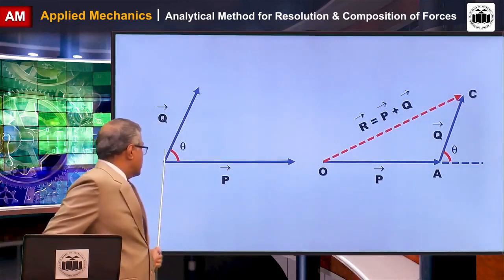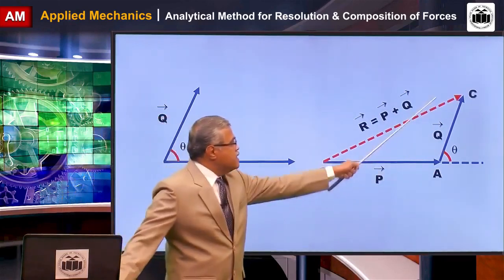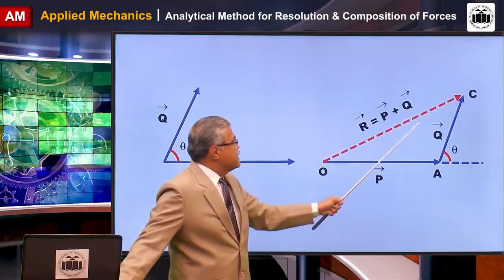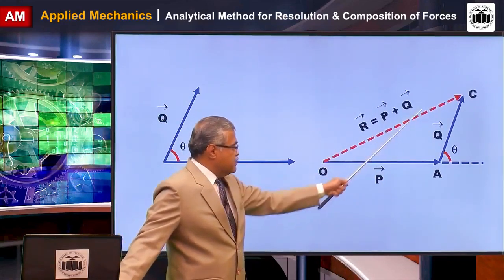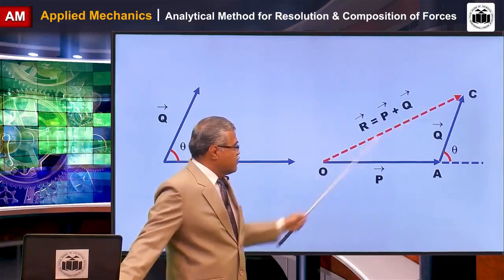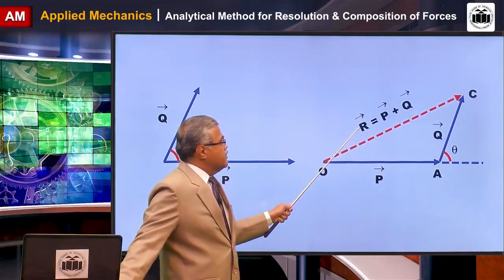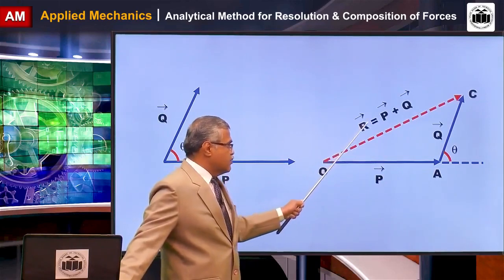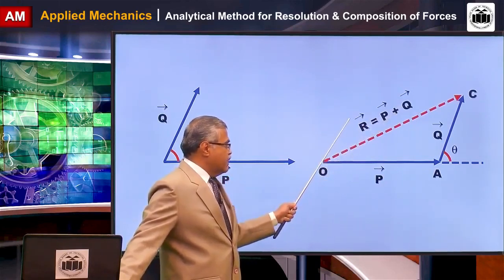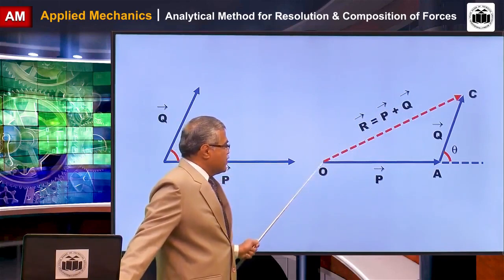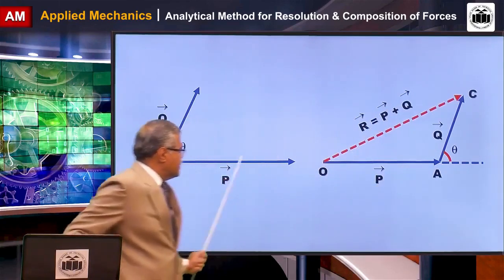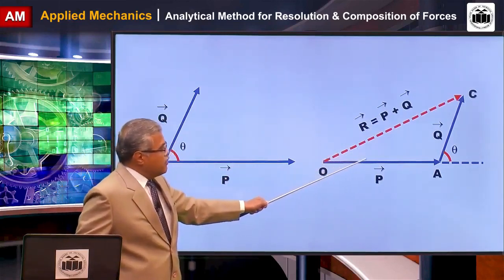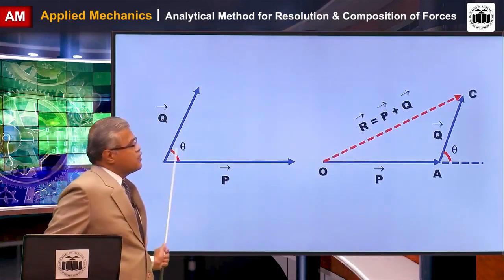Then we draw force Q from A to C, and OA and AC are the two vectors P and Q. The dotted line indicates the closing side of this triangle, and this closing side is the resultant force of these two forces P and Q, and resultant R is equal to P plus Q. Here vector addition is there, so we have to plot these forces to some scale and parallel to the direction of these forces. So here we can make use of the triangle law of forces to find the resultant of a two concurrent force system.